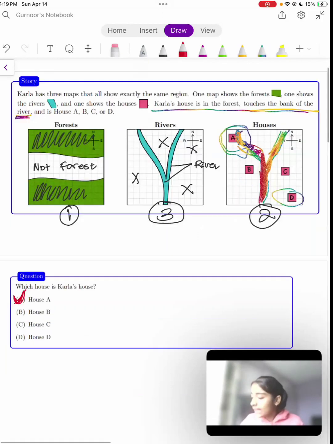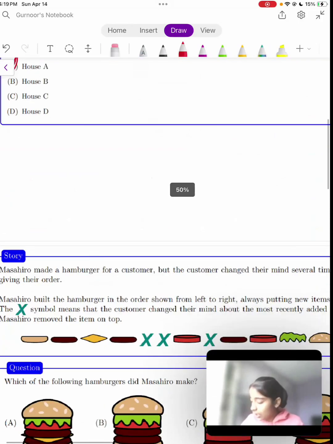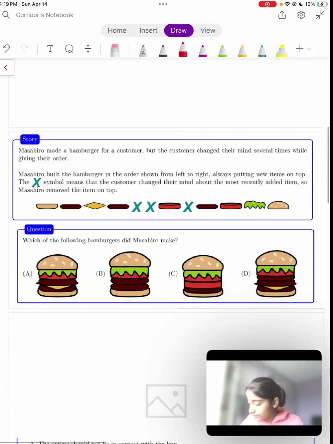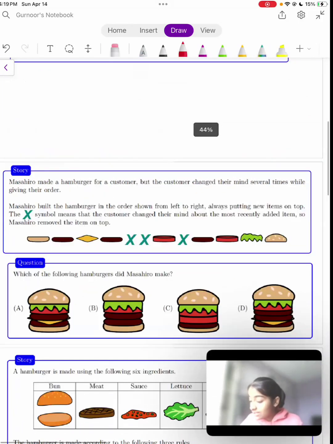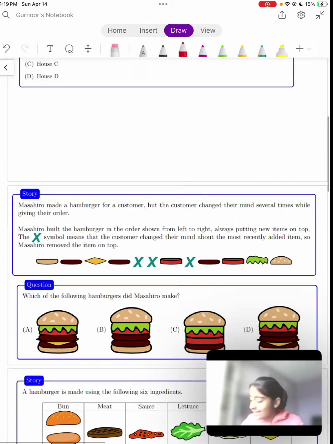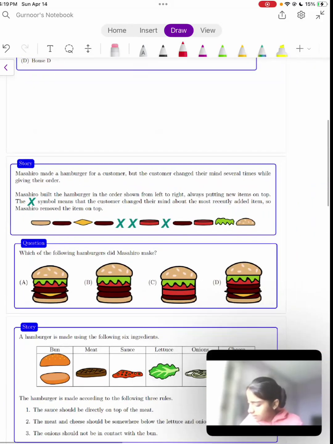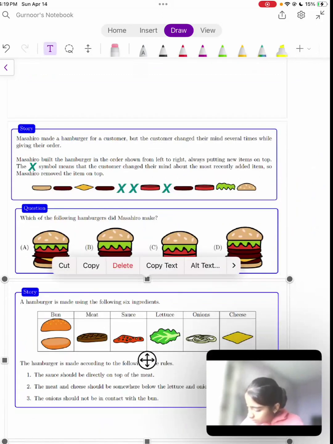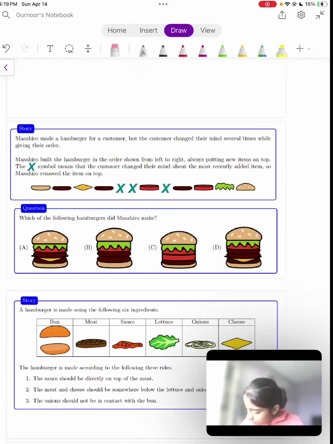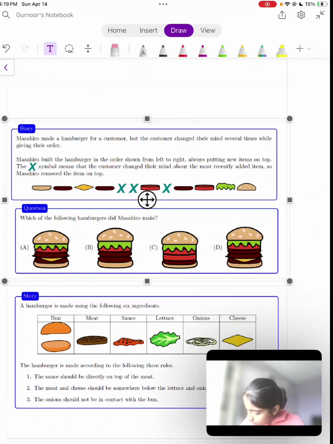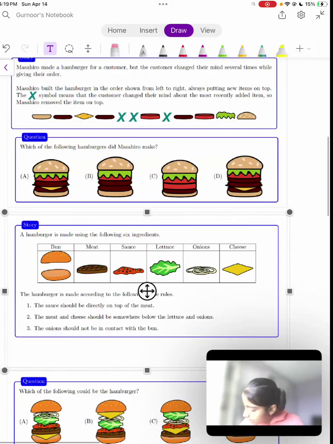All right, so moving on to the next question. Now, this is a very tasty question. As you can see, we have some nice burgers here. Let's move this a little downwards. Give me a second, because this is another question.